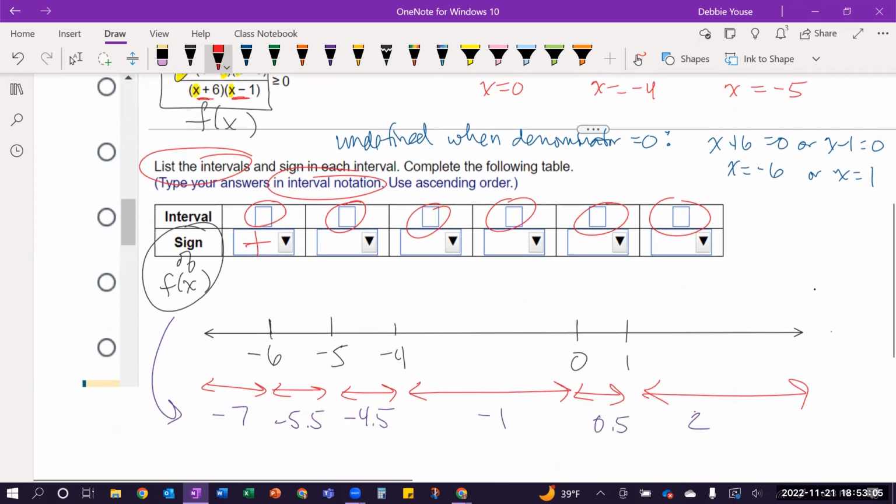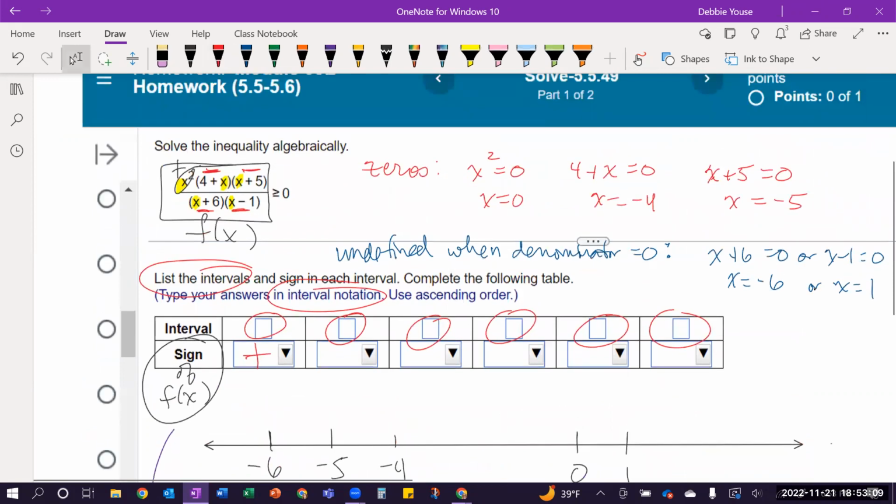Then I do the next number, -5.5 in the next interval, and I do the same thing. So if I had -5.5, I can ignore the x squared. This one will be negative. This will be negative on top. On the bottom, positive and negative. So now I'm going to have positive up top, negative on bottom. I'm going to divide, and the whole thing's going to be negative.